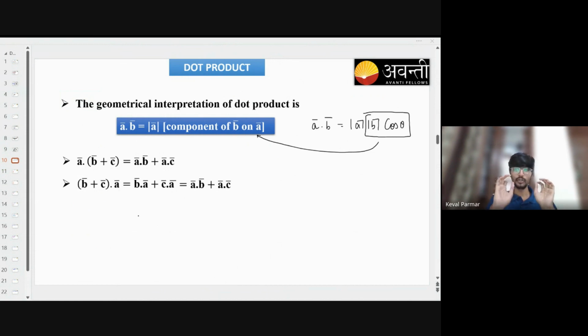Now as you know, dot product is also commutative. We saw this in the first slide. I can write A bar dot B bar or B bar dot A bar. It is the same. That is why here for B bar dot A bar, I wrote A bar dot B bar. Correct? These two properties help us in calculations.